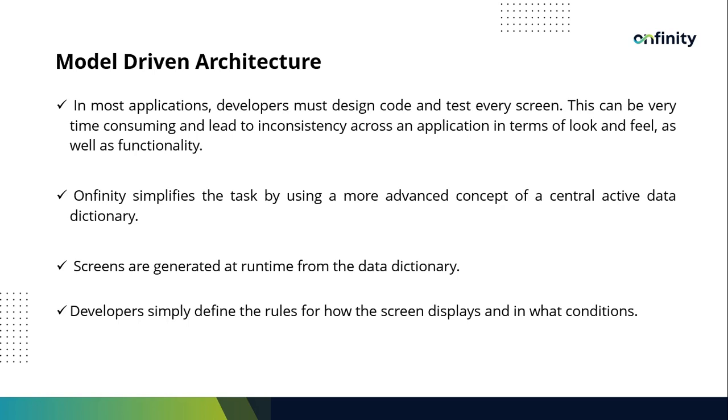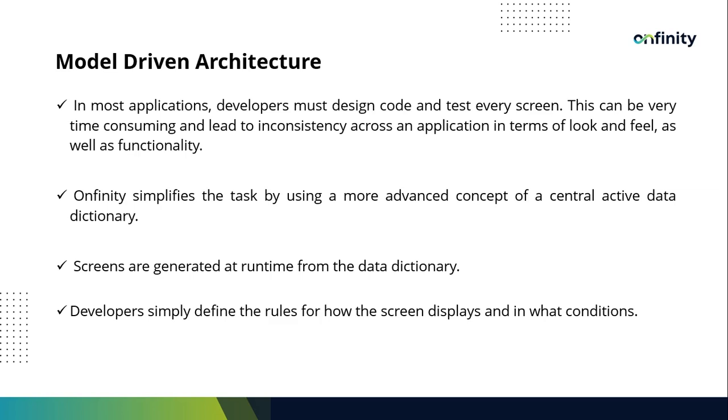As mentioned, we are following a model-driven architecture. In most applications, when developers design screens, whether there are 10, 20, 50, or any number of screens, they need to design them by code and test each screen one by one. This can be time-consuming and could lead to inconsistencies in look and feel, as well as functionality.